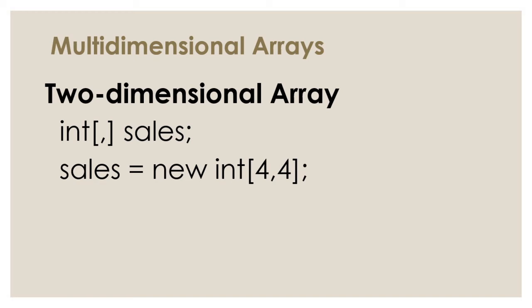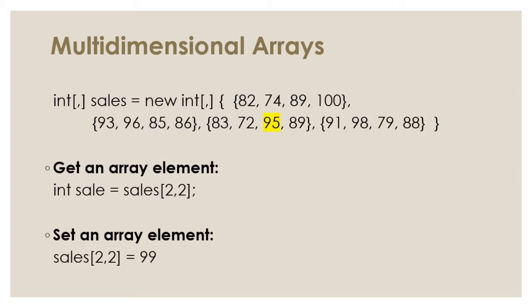Multidimensional arrays can be initialized with an initialization list, just like a regular array could be. If you look at this statement, each element in the array is another array, and each element in the row is separated with a comma.